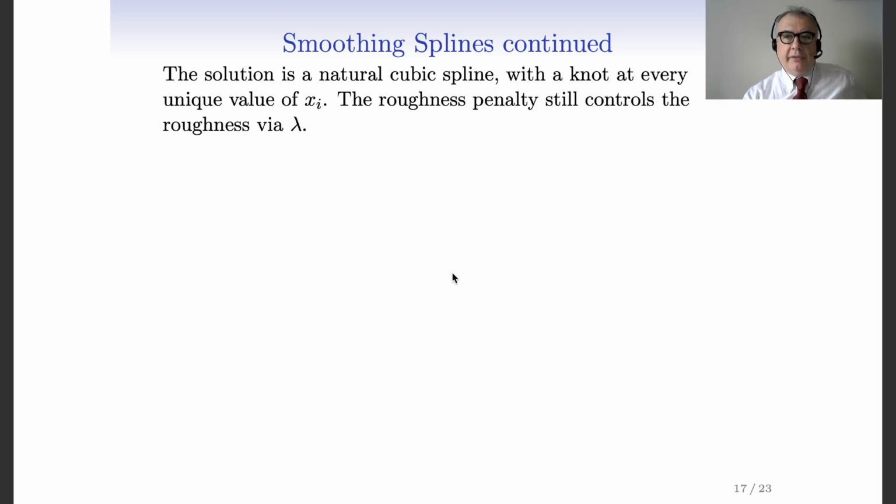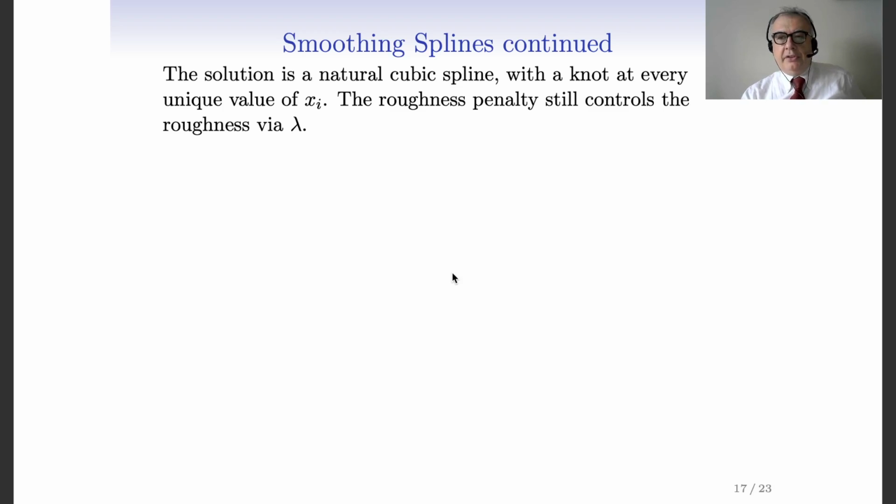So in that case, if you have 100 observations, your smoothing spline will provide you with a natural cubic spline with 100 knots, and that amounts to a model with 100 degrees of freedom. But this is not true.